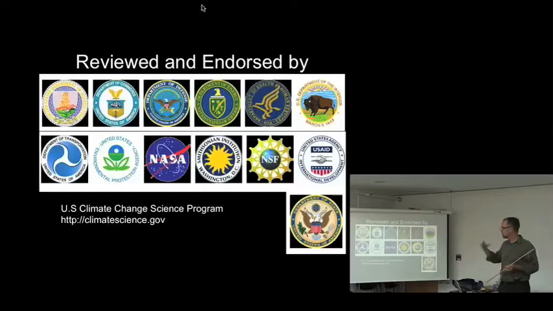And they all have something to do with climate one way or another, whether it's the Department of Interior that former Senator Salazar now runs, USAID that is geared towards providing aid and guidance for folks in Africa and Asia and so forth, NASA, the US EPA, and the effort was largely led by NOAA, the National Oceanic and Atmospheric Administration.